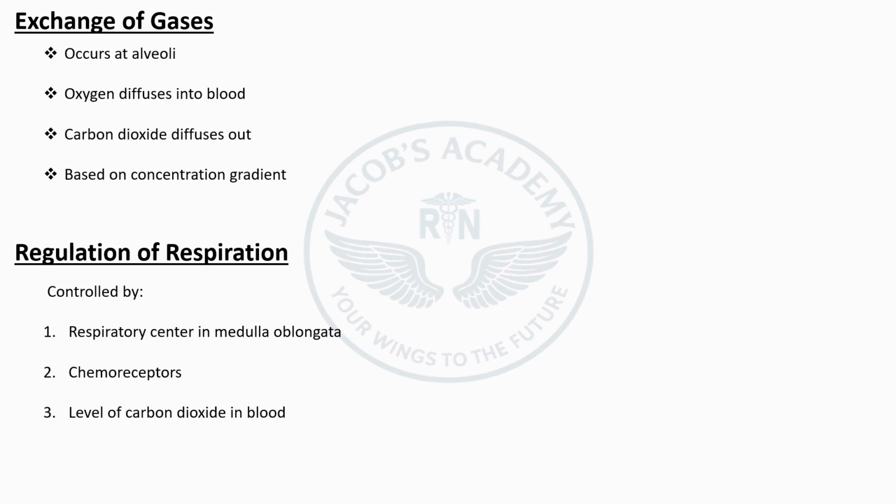When carbon dioxide levels increase, signals are sent to the respiratory center, and the rate and depth of breathing increase to remove excess carbon dioxide. So, gas exchange occurs at the alveoli by diffusion, and respiration is regulated by the medulla oblongata in response to carbon dioxide levels.